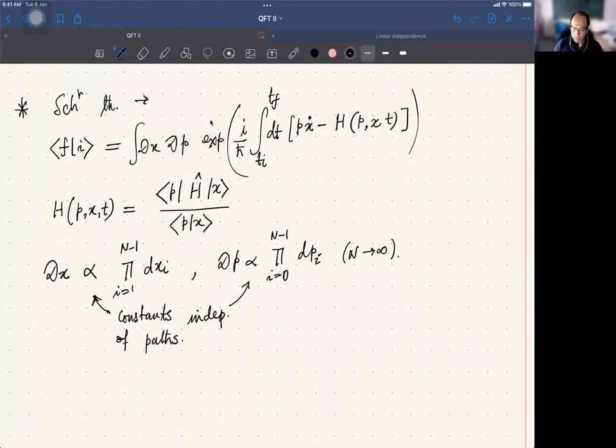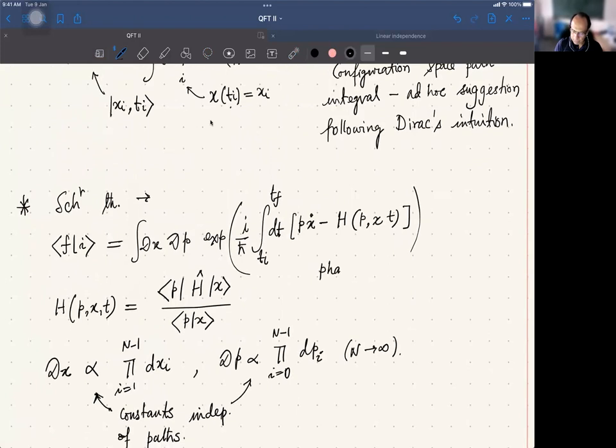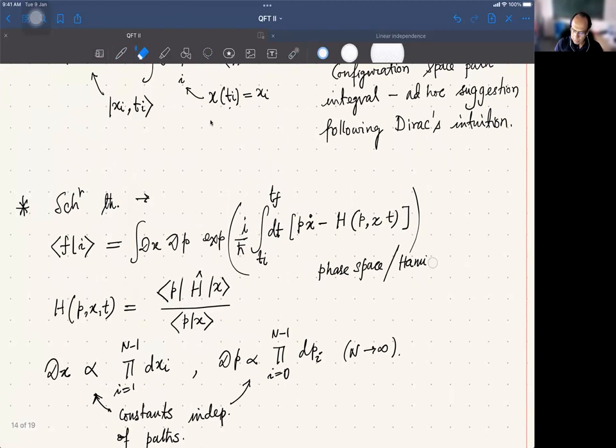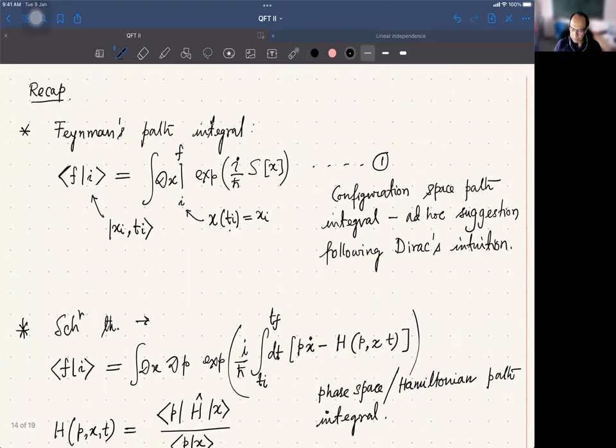Okay, and of course this is a phase space, or sometimes called Hamiltonian, path integral. Right? So these are the two results we have.